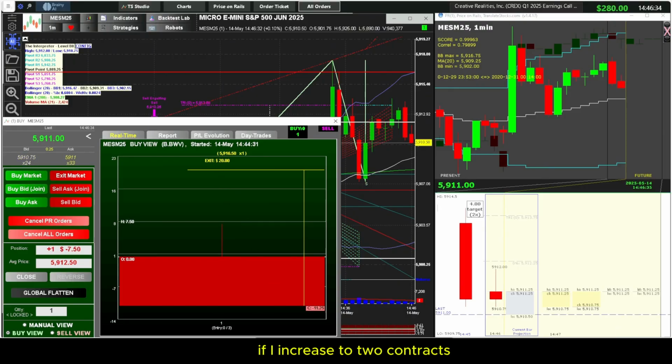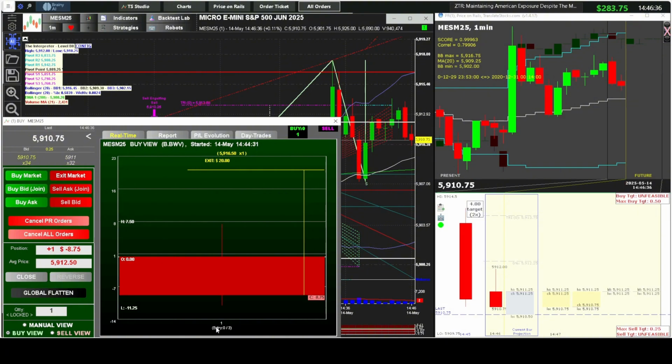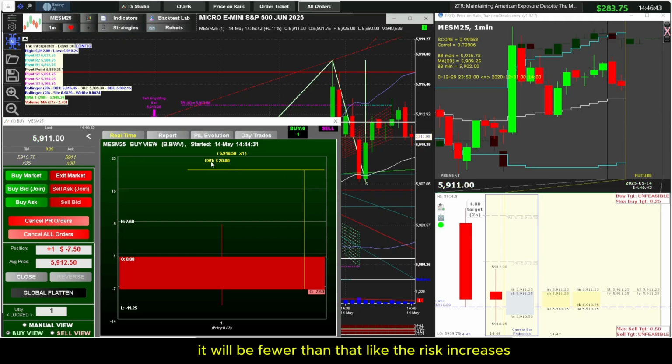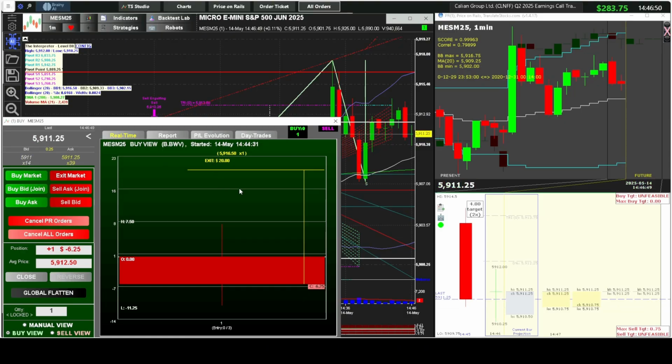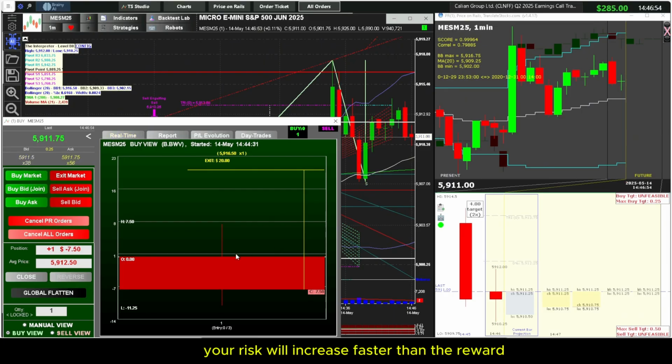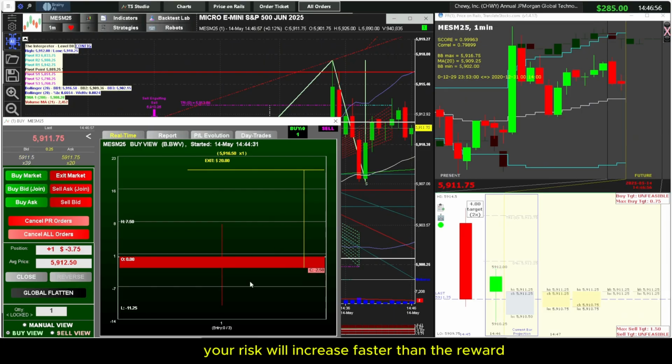If I increase to 2 contracts, I doubt that I'll have a $40 target. It will be less than that. The risk increases faster than the reward. If you start increasing the size, your risk will increase faster than the reward.